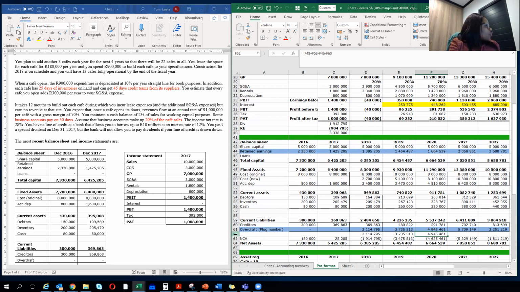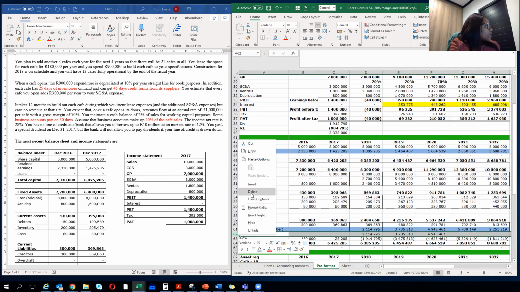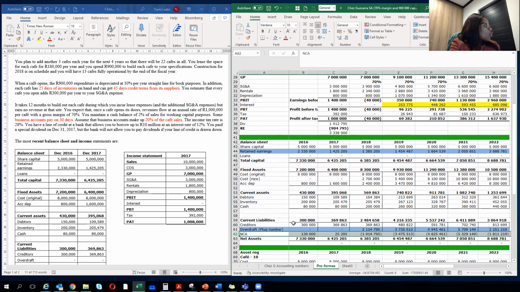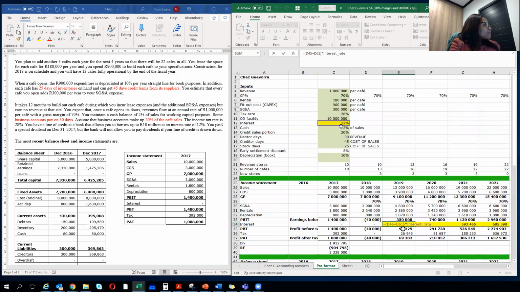Okay, so now I've shown you how to do your retained earnings and how to do your overdraft plug figure. But now the interest you need to pay, your loan is 0, so you need to pay interest on this overdraft facility. They told me that my interest at the beginning, you'll notice, was 12%.